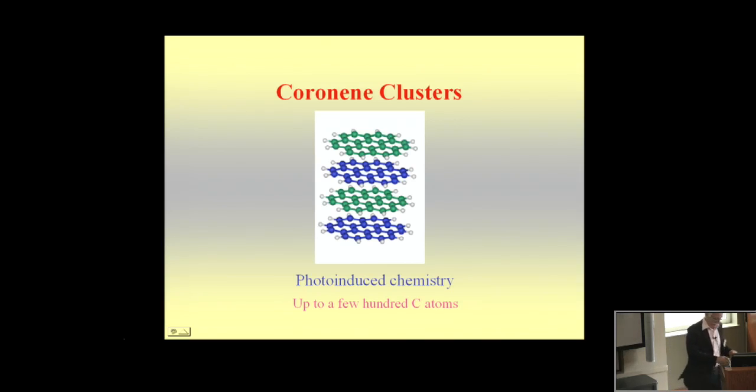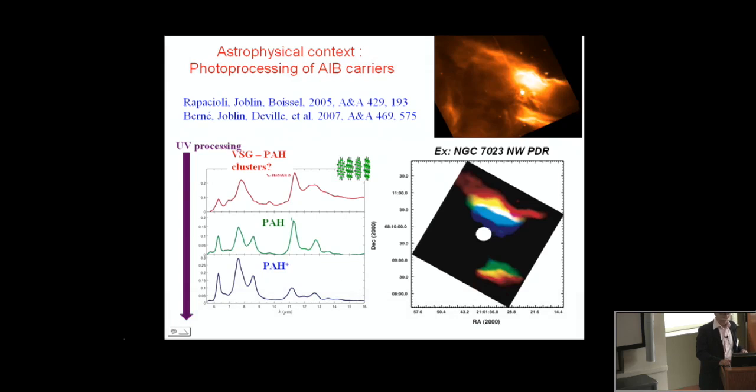Whether or not it has some connection to the rest, that's chemistry that tells it. But the idea of these PAH clusters has been already put forward. You have seen that slide before.